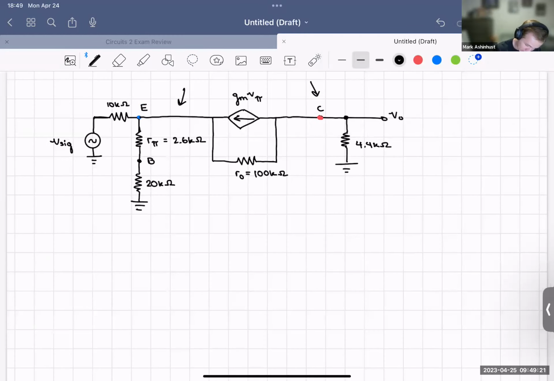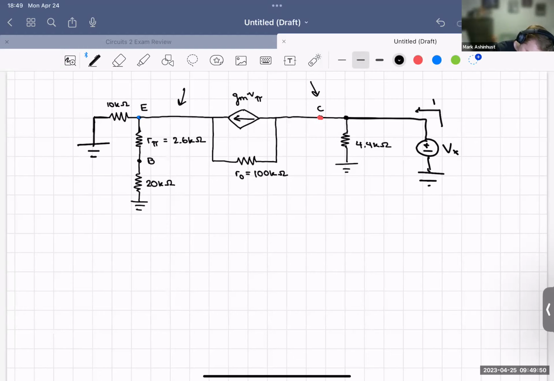We're going to remove the Vsig. It's not going to be there. It's going to be tied to ground. Tied to ground, got the 10K, that 4.4K, and then instead of Vout, we're going to have our test source because we're testing for what the output resistance is, Rout.